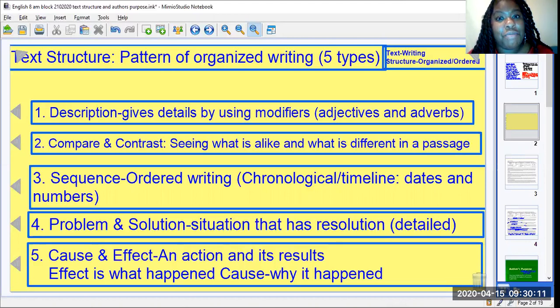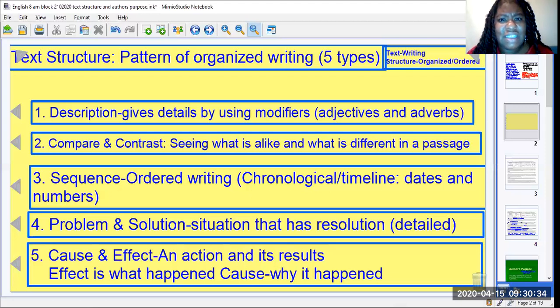Does that make sense? So, let me repeat that again. When, as a parent, you ask your child what happened, or when you say, why did you get into a fight? Why did you fight? Because so and so hit me and I told them to stop and they wouldn't do it. So that is the cause and that is the reason why the effect happened.